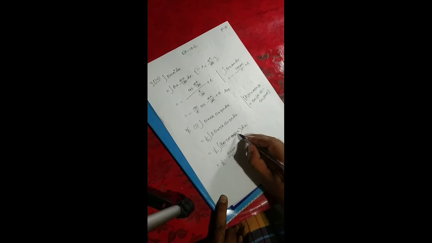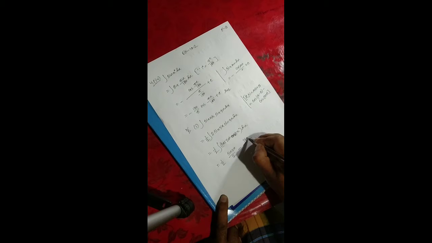Now again integration of cos 8x, that means sin 8x by 8 plus c.